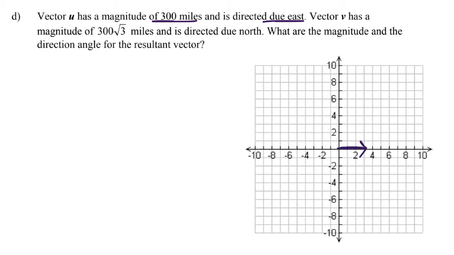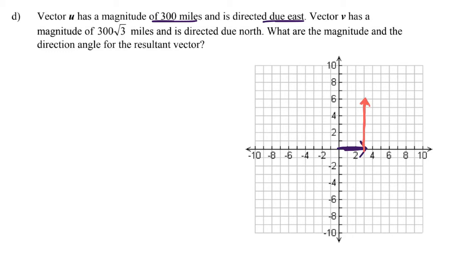And then I have a vector v with a magnitude of 300 root 3 miles, and that is directed due north. So my next vector, 300 root 3, is going to be somewhere up here.